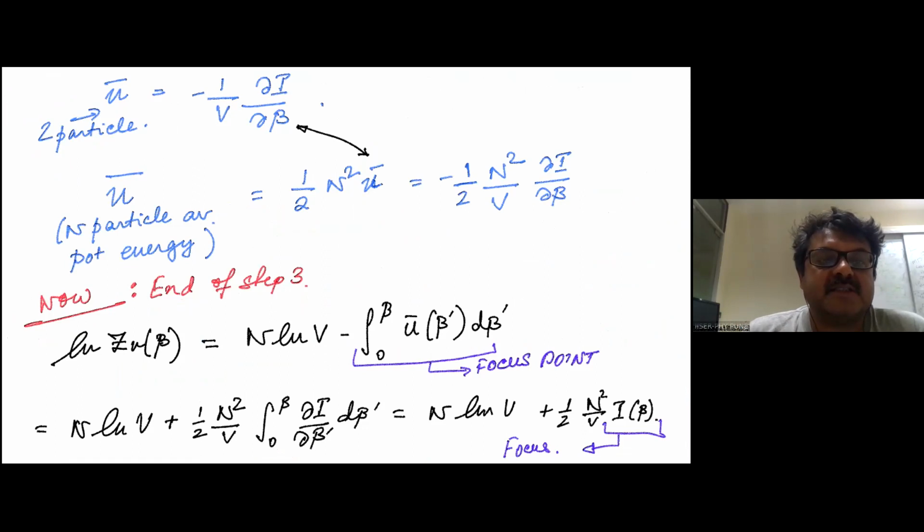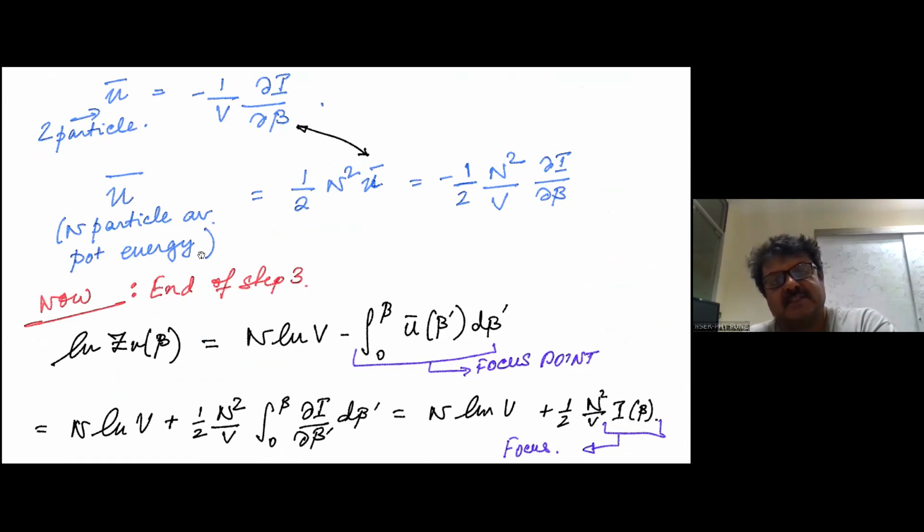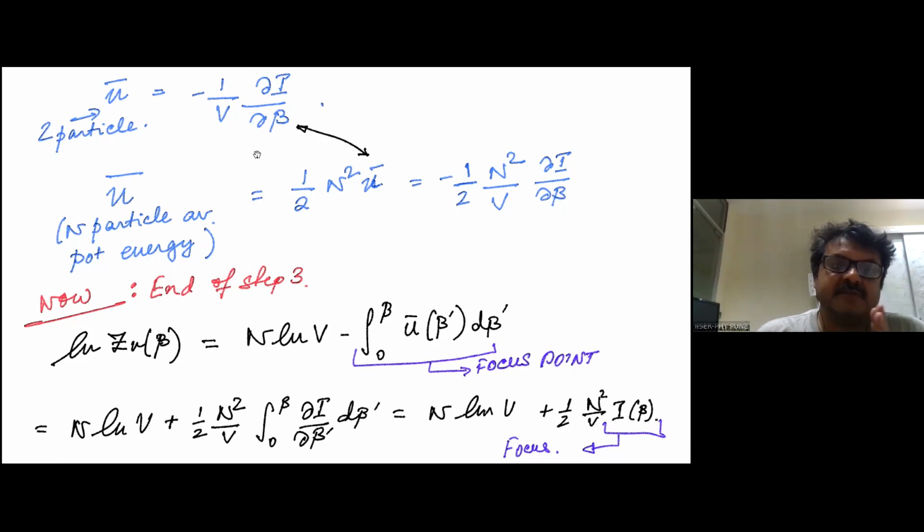Of course, we still have to evaluate I. But the n particle average potential energy can be written as half n squared U bar, which means n squared by V. So now we're just substituting this in U bar, del I del beta. So somehow if we can calculate del I del beta, then the entire n particle energy using the mean field approximation can be written as minus half n squared by V del I del beta.